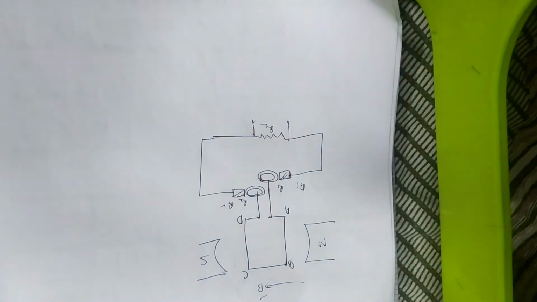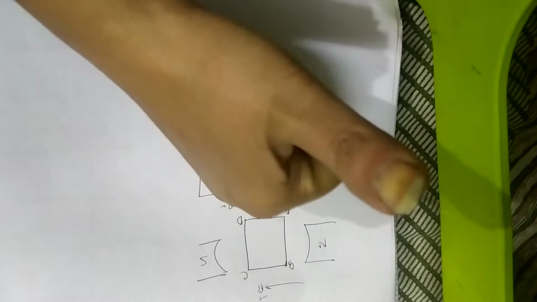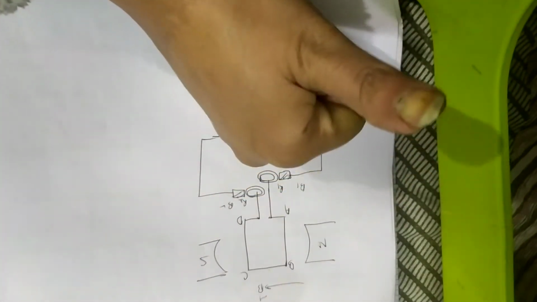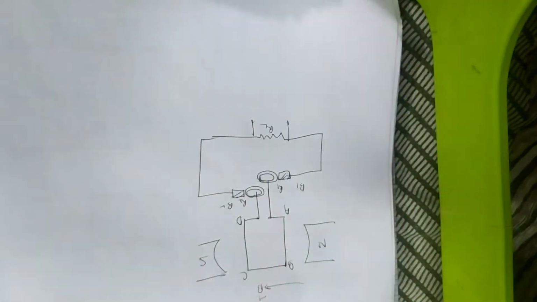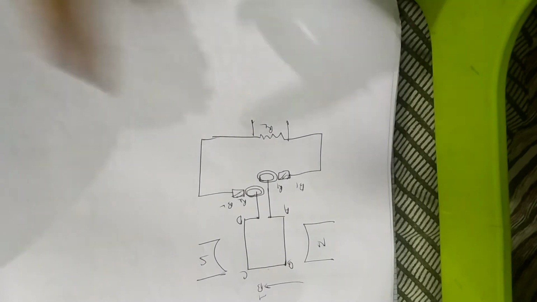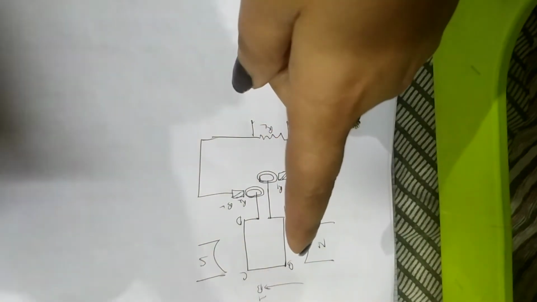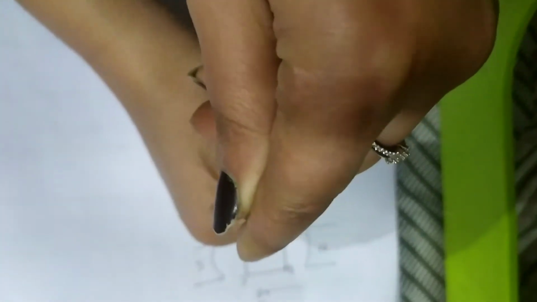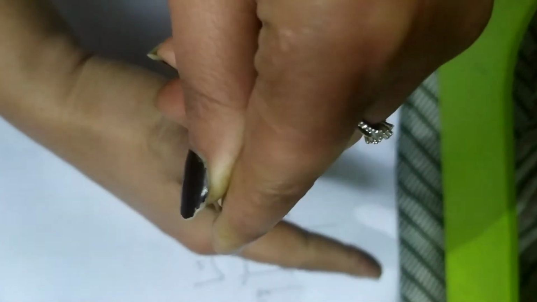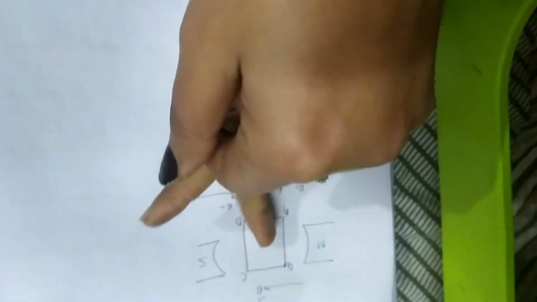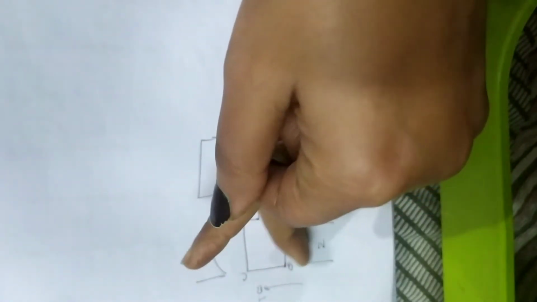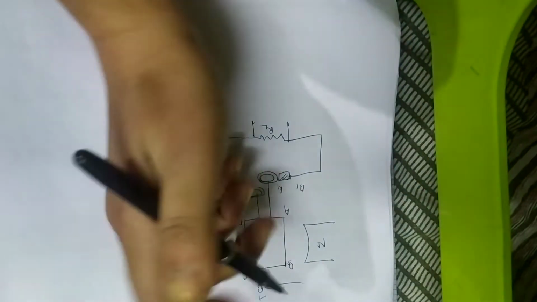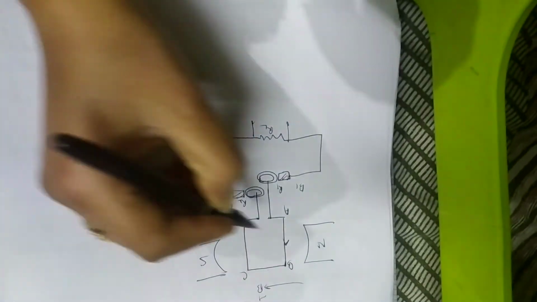If this side is moving upward, the thumb stands for force, pointing upward, and the magnetic field is in this direction, north to south. So the forefinger is pointing this way, and the direction of current here will be like this.